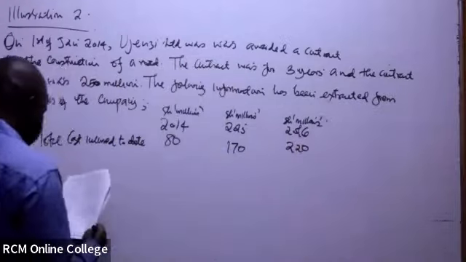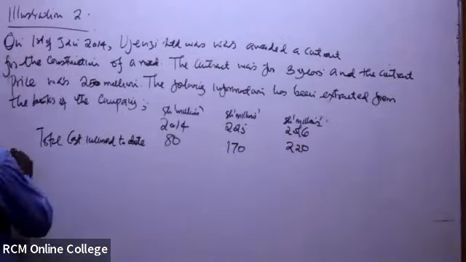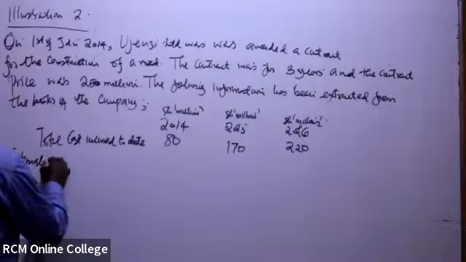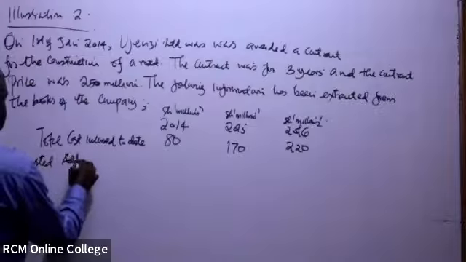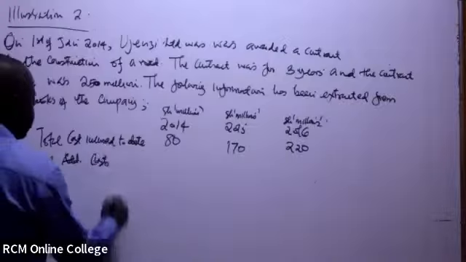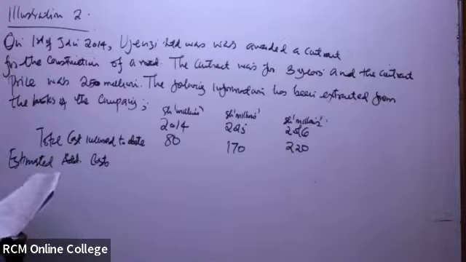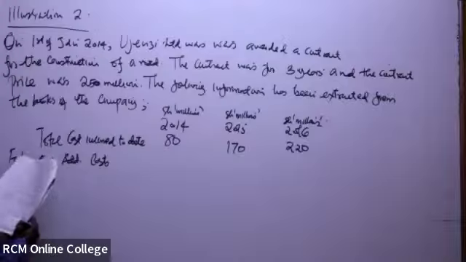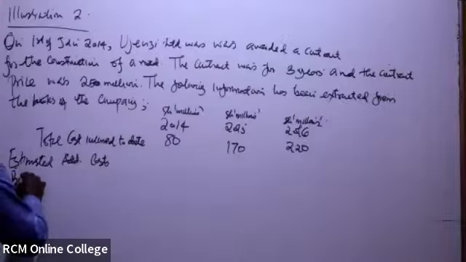Then you have in this case estimated additional costs. Then billing made during the year on the contract.